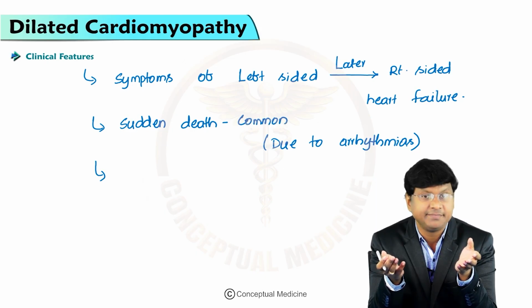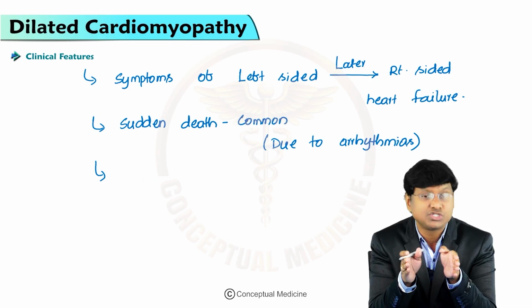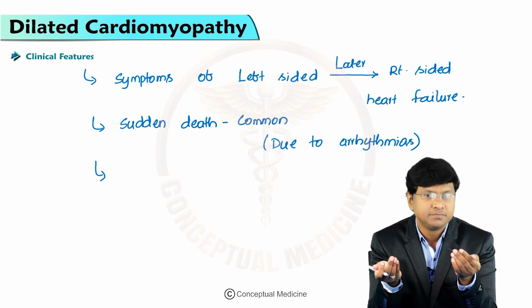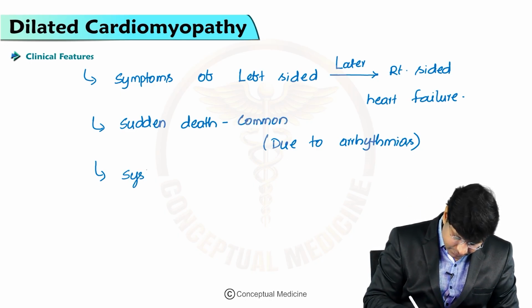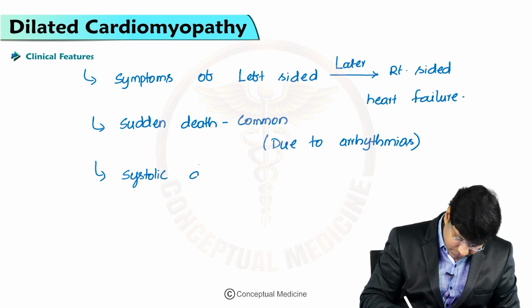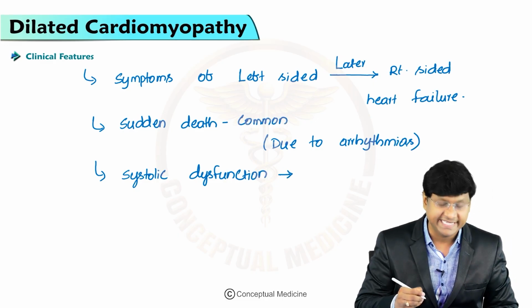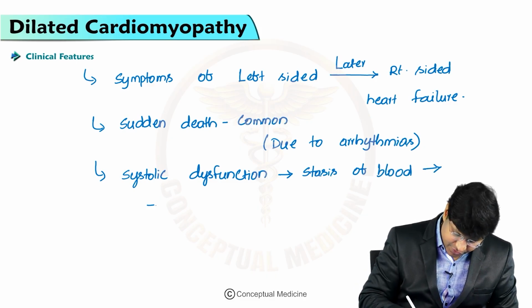And in these dilated chambers, what will happen to the systolic function? There is systolic dysfunction. Now, because of the systolic dysfunction, there can be stasis of the blood, and that will result in thrombus formation.